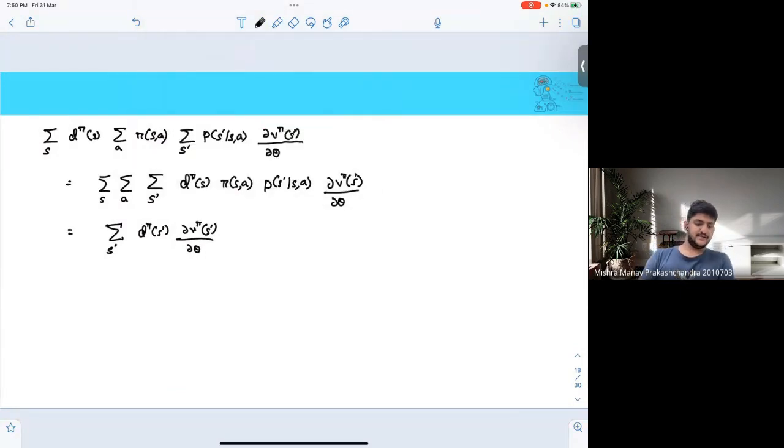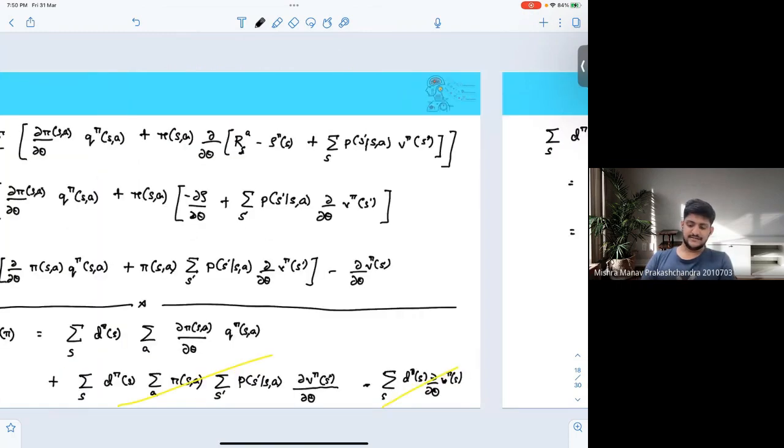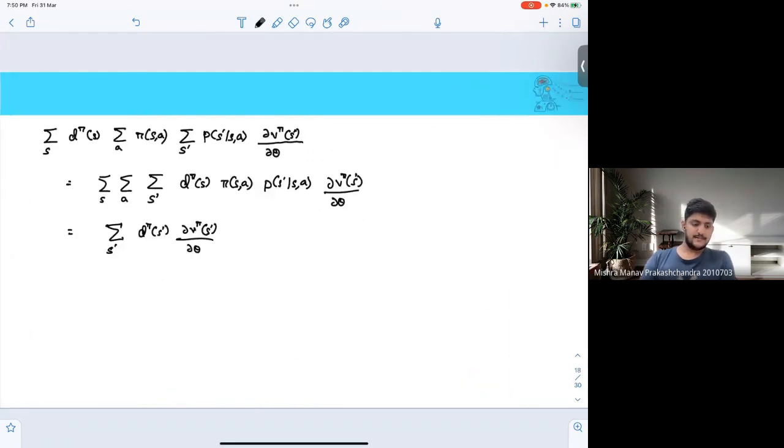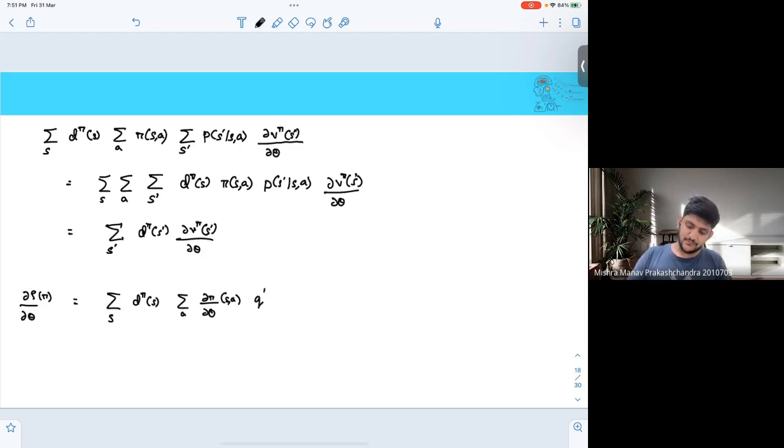Only the first term remains, and since this summation is also equal to 1, the final equation I end up getting is d rho by d theta operated on pi is equal to only the first term: sum over all s d pi of s, the steady state distribution, sum over a of d pi by d theta s comma a, q pi of s comma a.